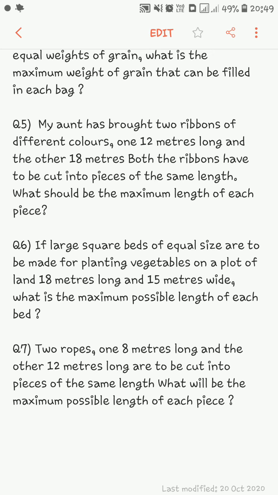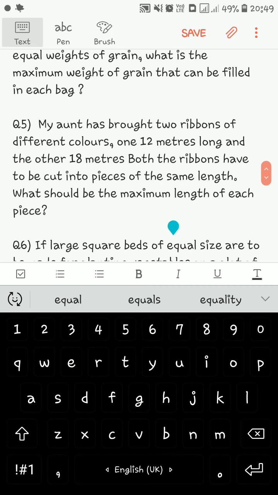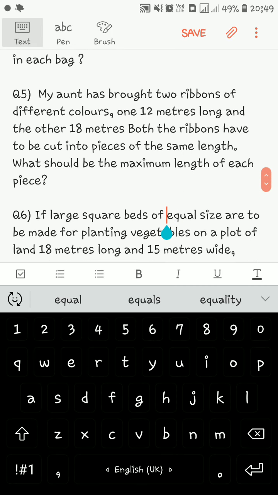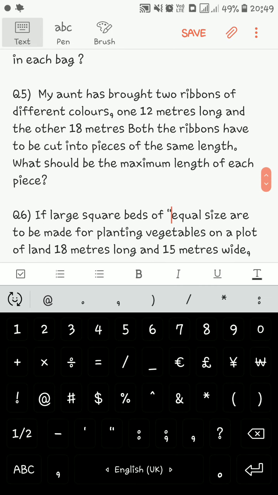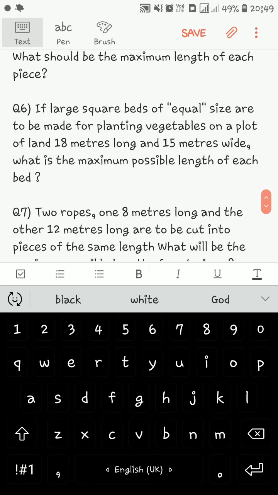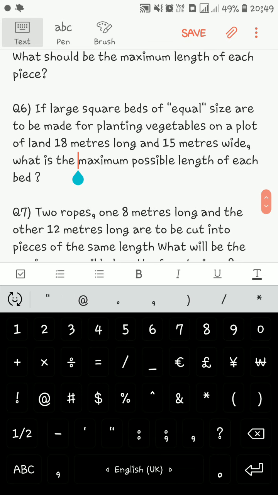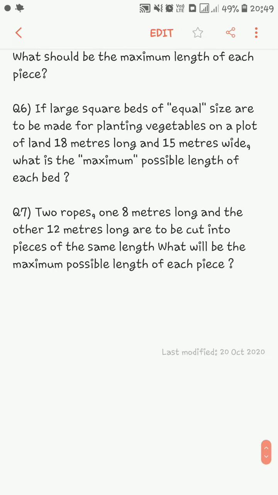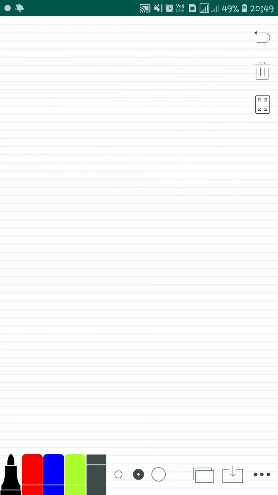Like I said, there is the word equal appearing here. Equal along with maximum. If the word equal or same appears in the question, it means you have to do HCF. So again we have 18 and 15.